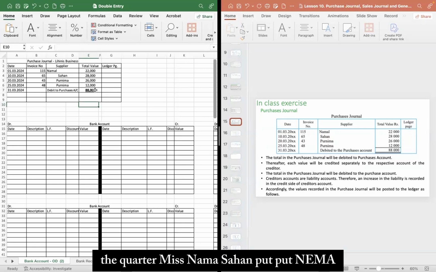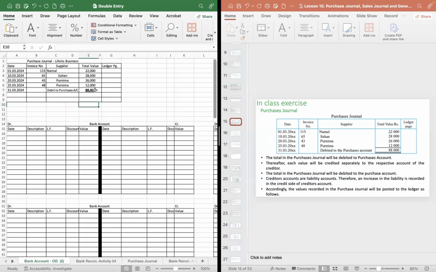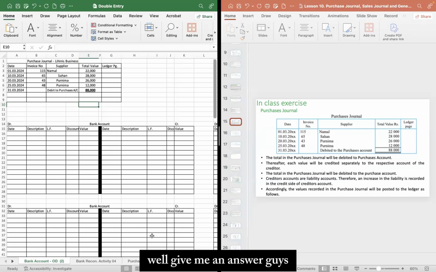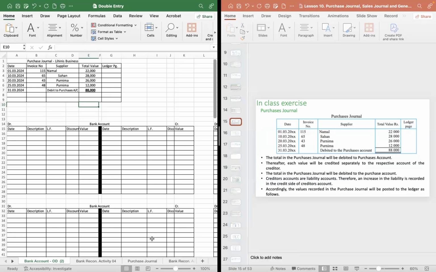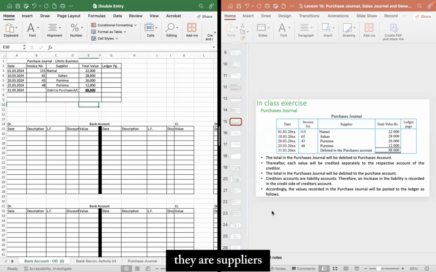So Namal, Sahan, Purnima, who are they? They are suppliers to the business and they have sold on credit. Are they debtors or creditors? Well, give me an answer, guys. Who are they? Creditors, exactly.